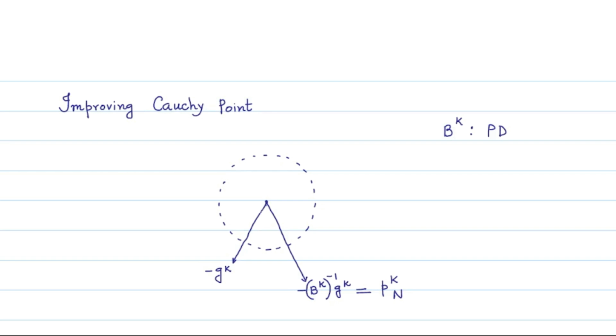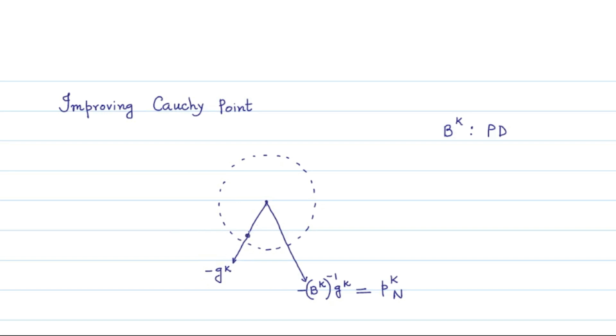And the direction of negative gradient is as shown in this figure. This entire scene is in the p variable space. In this figure, let us suppose the location of the Cauchy point is over here. This is the Cauchy point, say p_k^C.